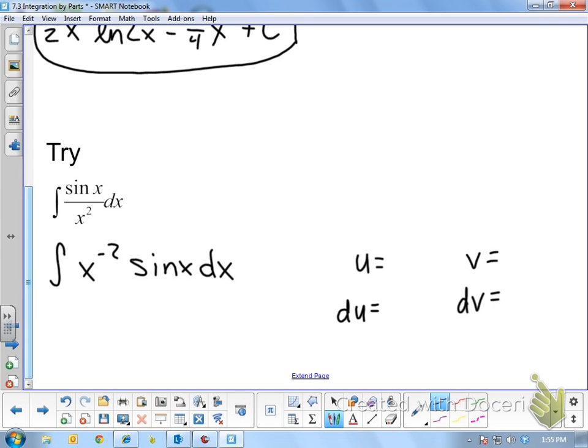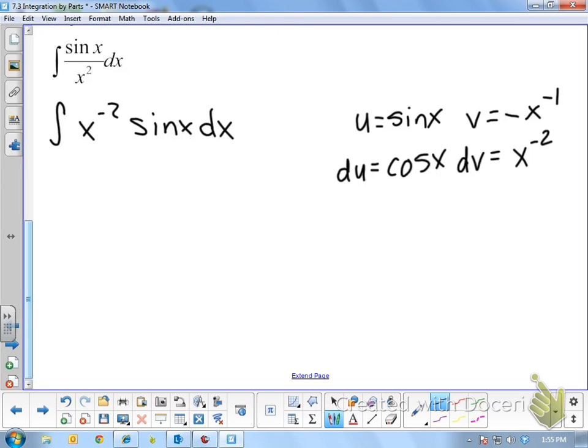I'm going to try the other direction though. Let's try sine x, and let's try x to the negative 2. And let's see if this works. So derivative of sine is cosine. Integral of this would be negative x to the negative 1.